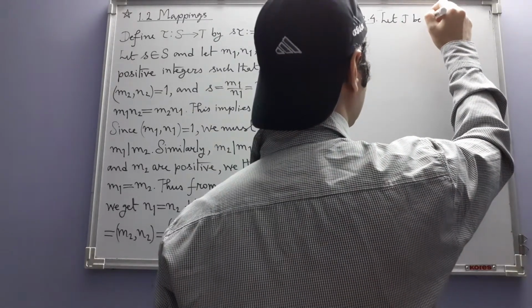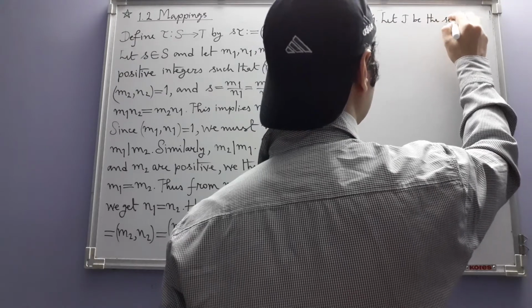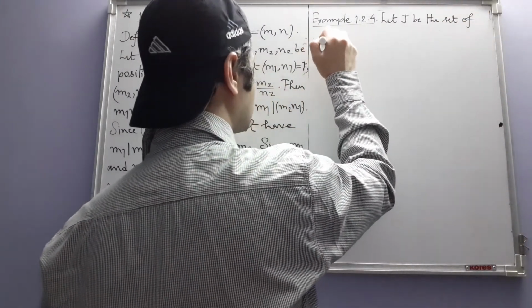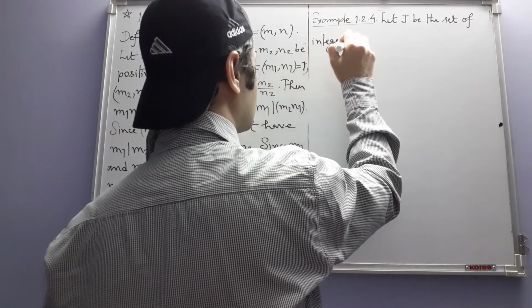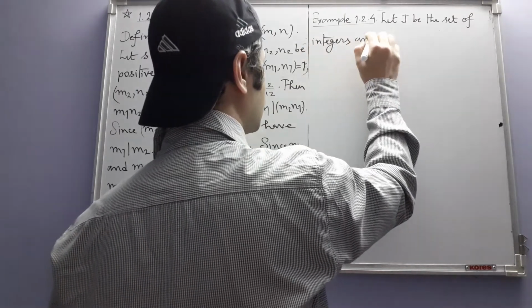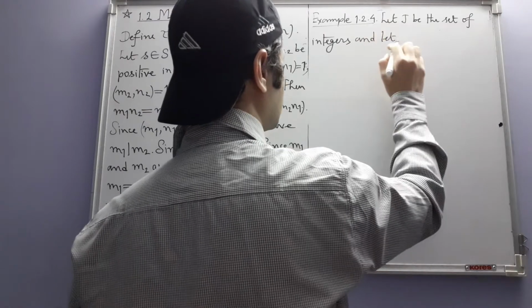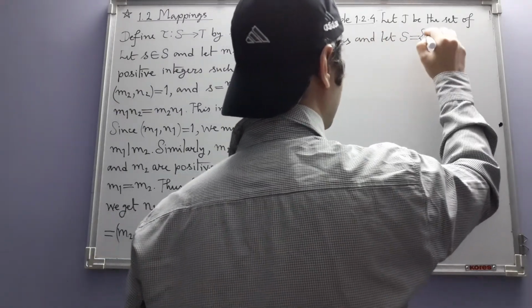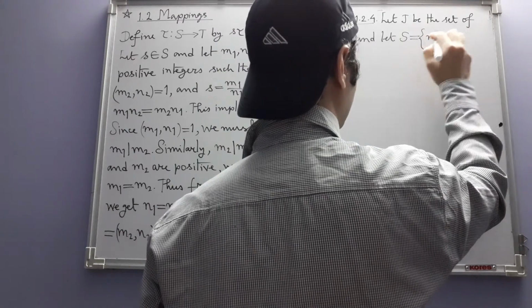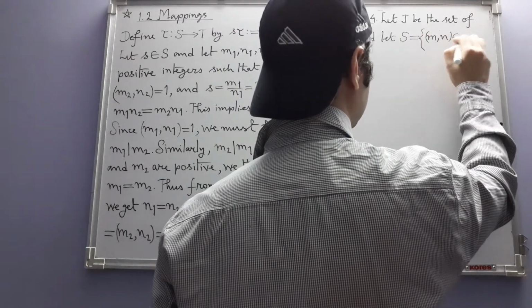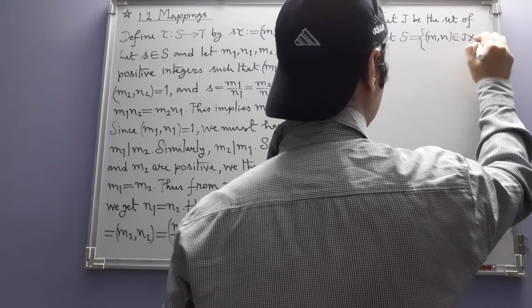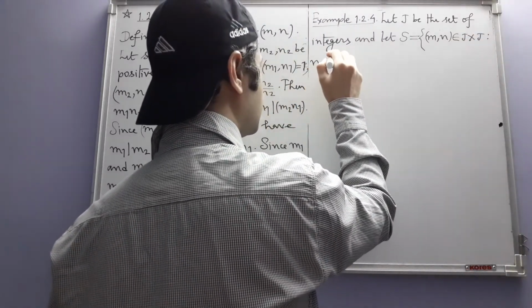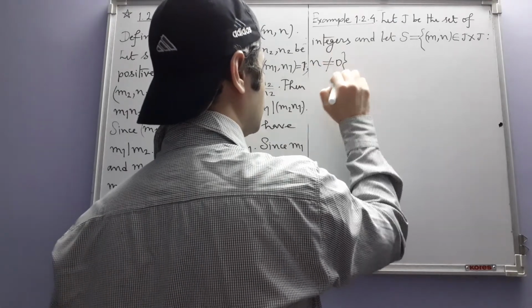Let J be the set of integers and let S be the set of ordered pairs of integers such that the second coordinates are non-zero.